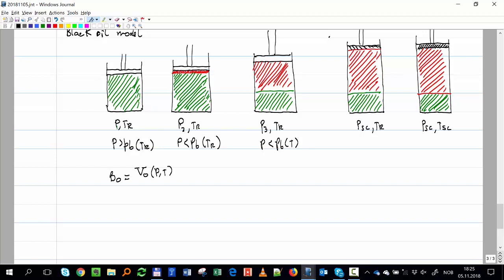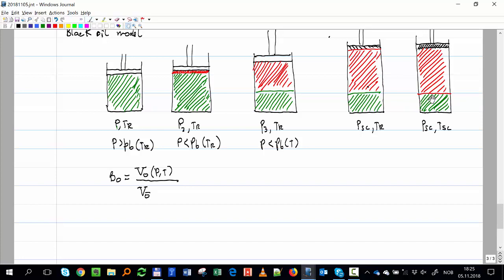So, let's say we're talking about P2, it will be this volume of oil divided by the volume of oil at standard conditions. I create a ratio.